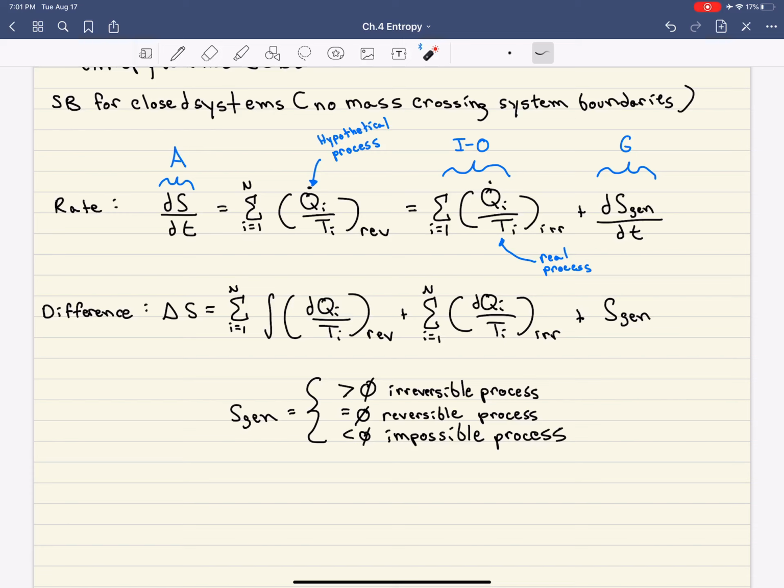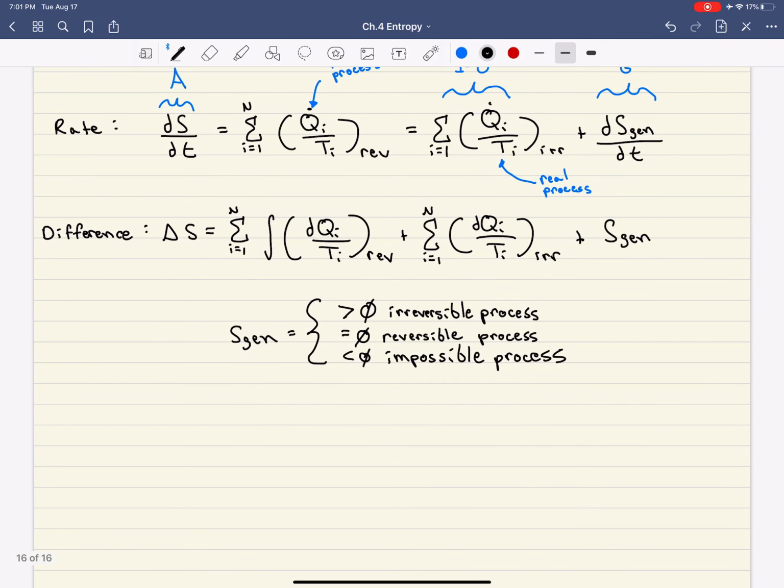Now, as far as these Q dot or dQ terms, one way you could figure these out is you'll either be given them in a problem, or you would have to derive them from the energy balance.